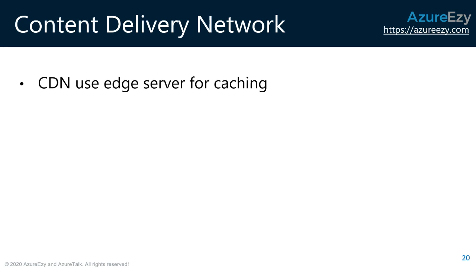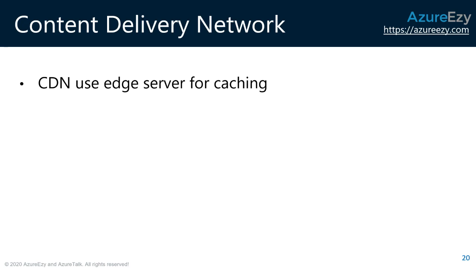CDN is used. In this, any content which is cached is not cached locally. There will be a dedicated server for that, and that server will be used for caching some content. I have some application, some web server or any other service, and between my user and my original server, there will be an additional server I will be keeping, and that server is generally known as an edge server.